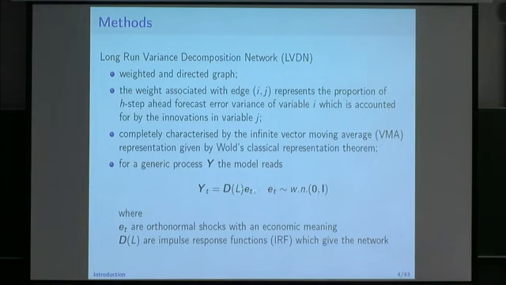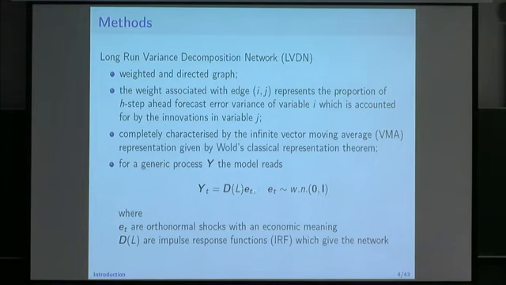What is important is that if E is orthogonal, D of L contains the so-called impulse response functions. It tells us how a shock on series i affects component j of Y. This is a square polynomial matrix, n by n, and each entry has this meaning at each lag.